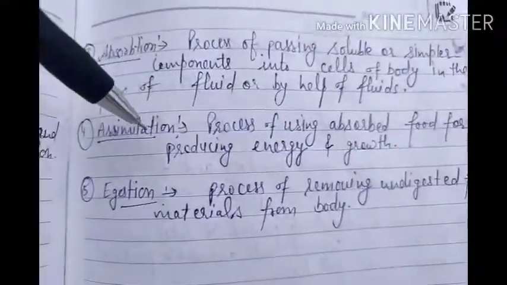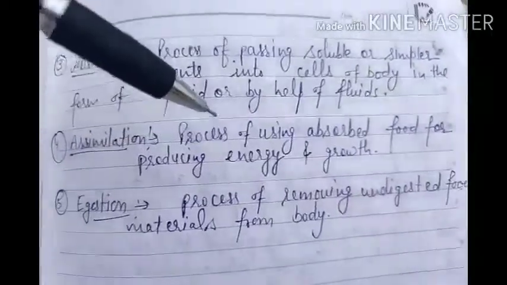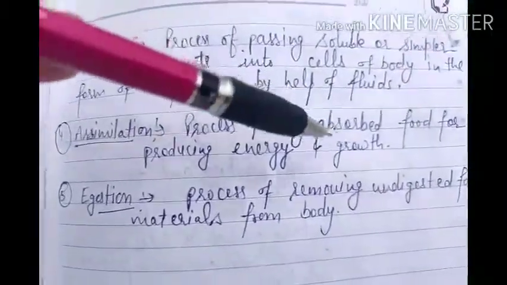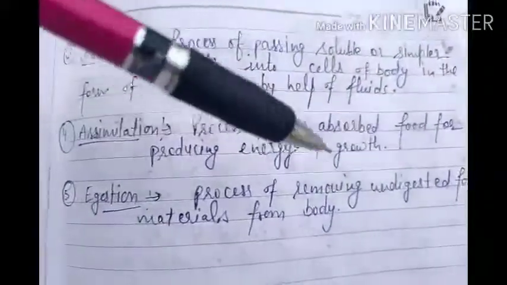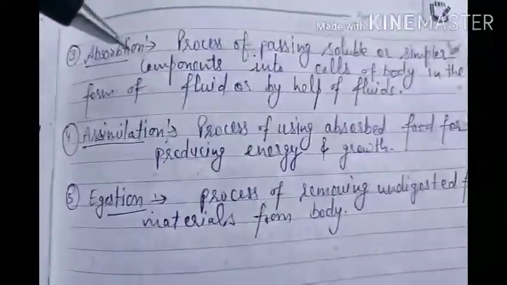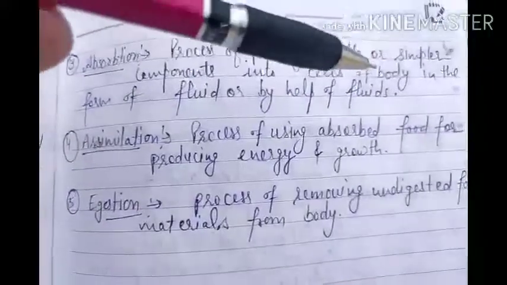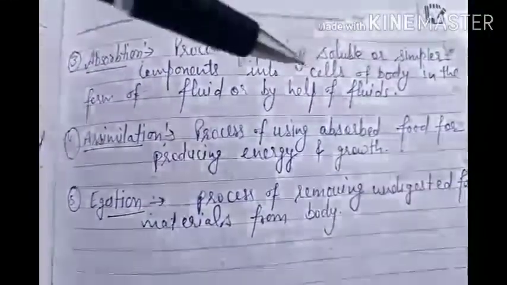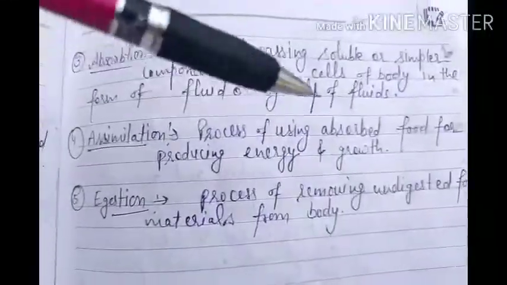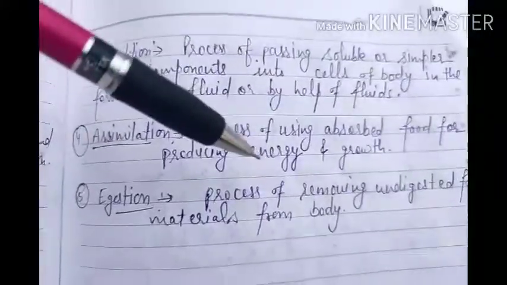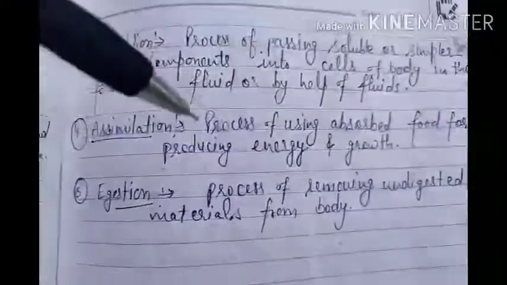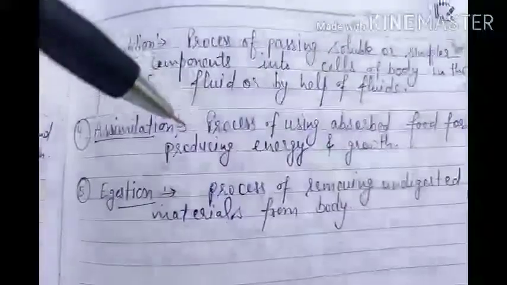Assimilation. After that, what happens? Assimilation is the process of using the absorbed food for producing energy and growth. I told you absorption means we pass the simpler components of food into the cells of the body, then those cells use that food, produce energy and grow our body. This process is called assimilation.